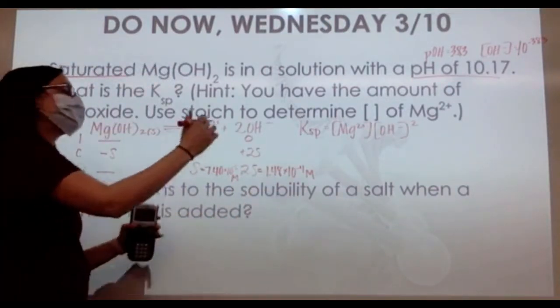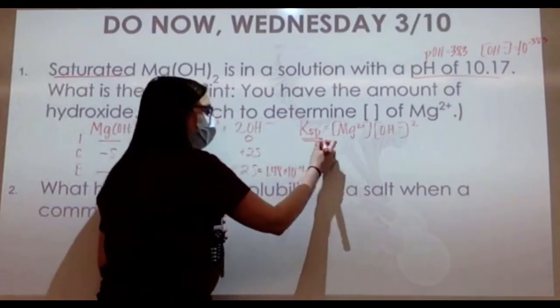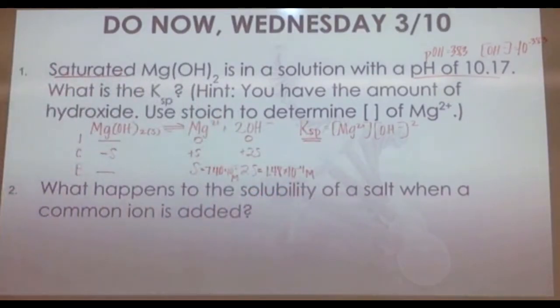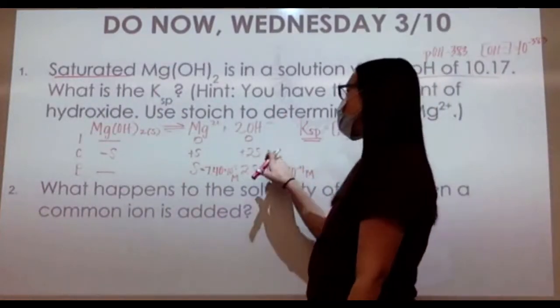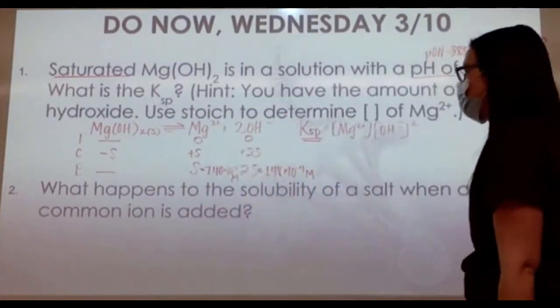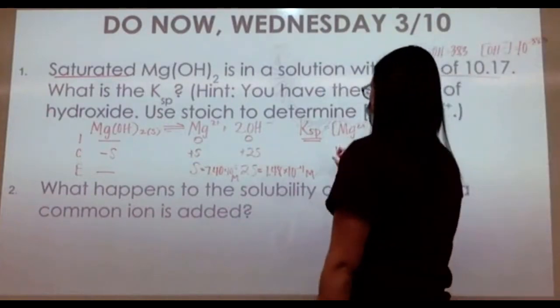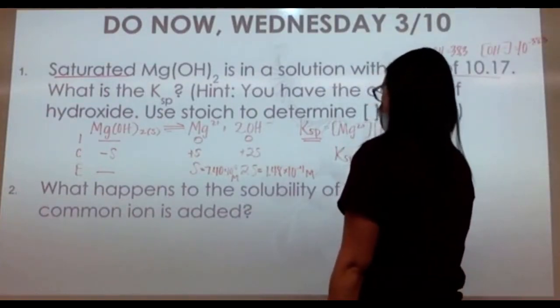Because we're solving for KSP, that is our only variable. We should have numbers that get plugged into Mg2+ and OH minus. So we're using the pH to figure out OH minus. OH minus is twice as much as Mg2+. So now that gets plugged into the KSP expression.